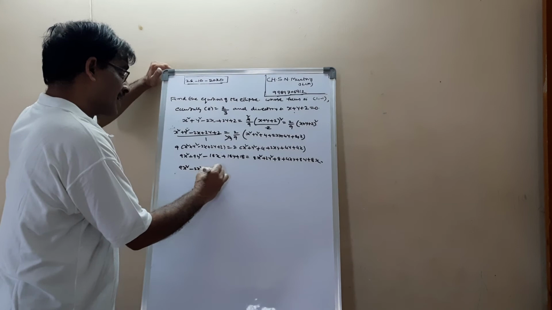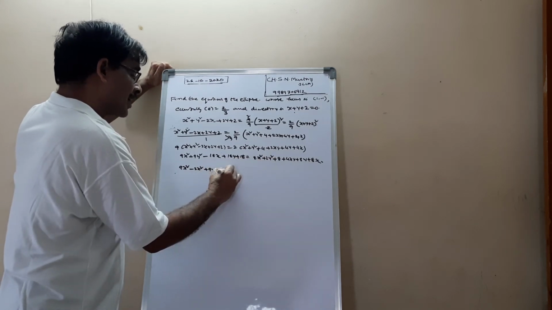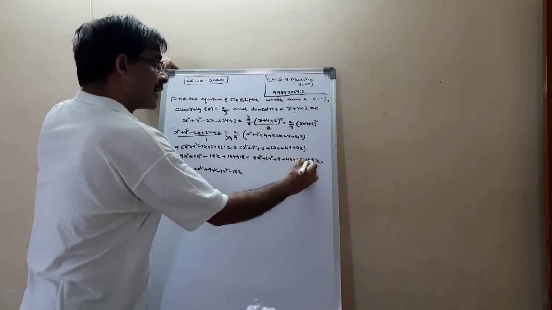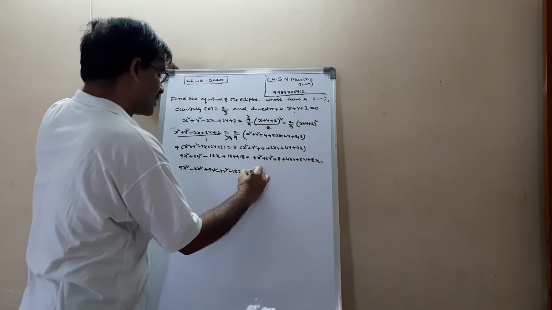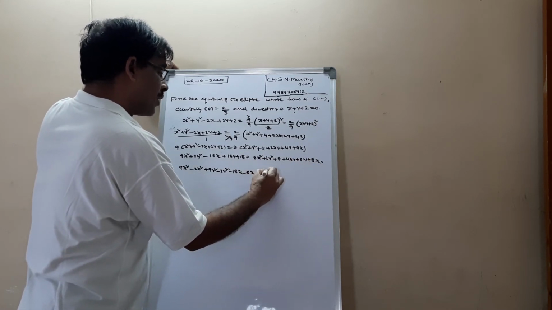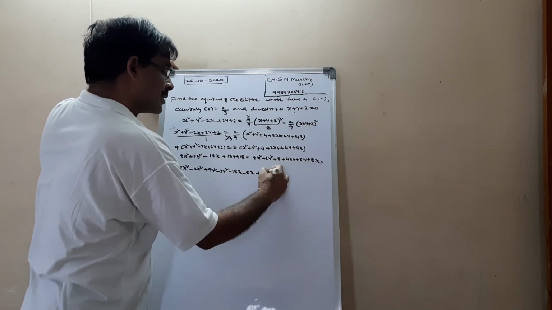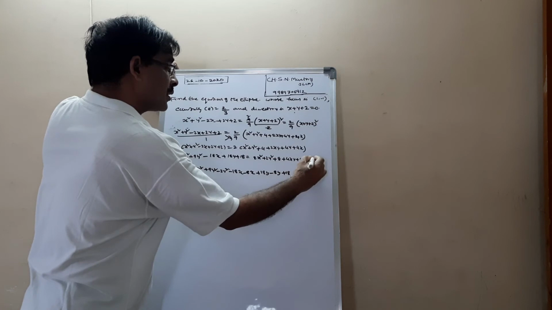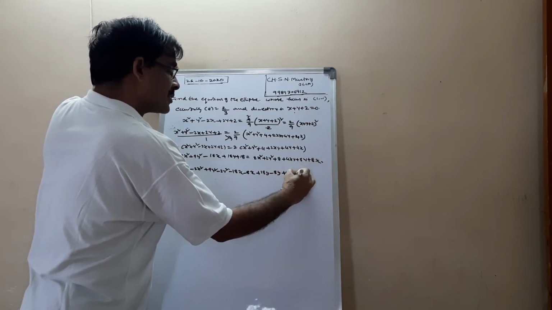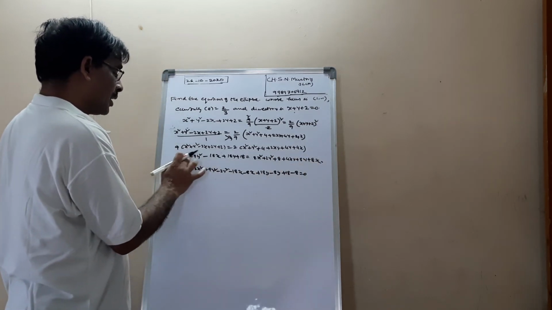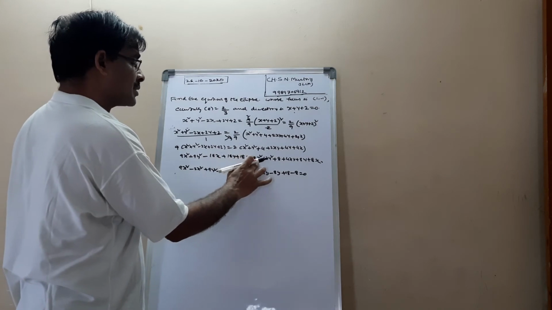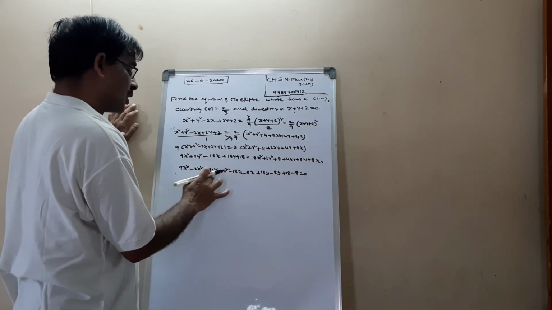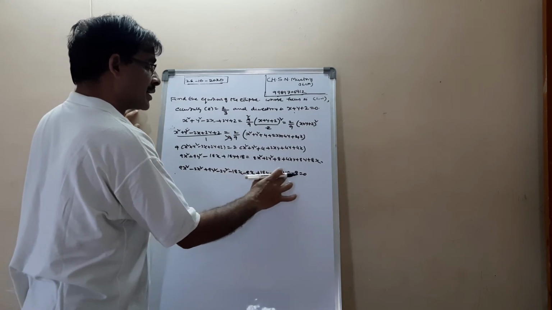Next, 9y square minus 2y square, minus 18x minus 8x, plus 18y minus 8y, plus 18 minus 8 equal to 0. See, there are 11 terms here.